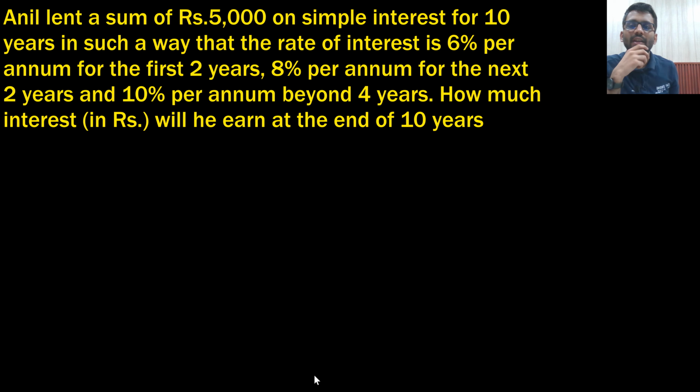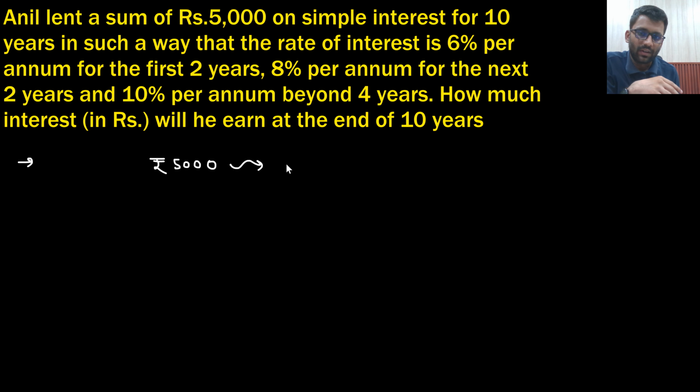So this is the first question. Anil lent a sum of 5,000 rupees on simple interest for 10 years in such a way that the rate of interest is 6% per annum for 2 years, then 8% for the next 2 years, and 10% beyond 4 years. Basically, he lent 5,000 rupees for 10 years.